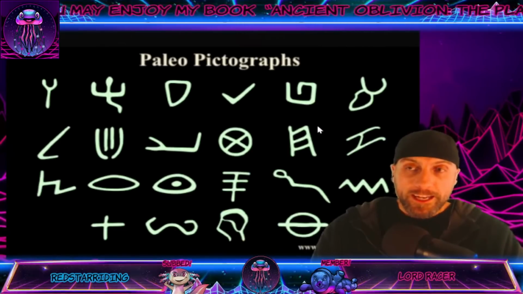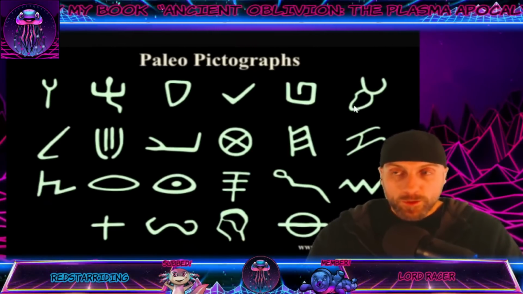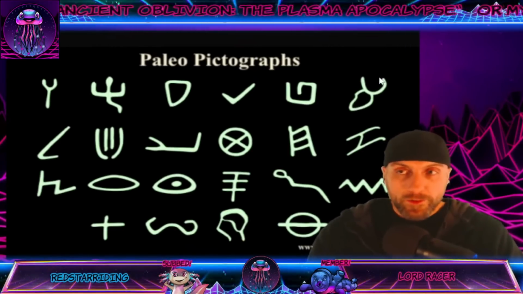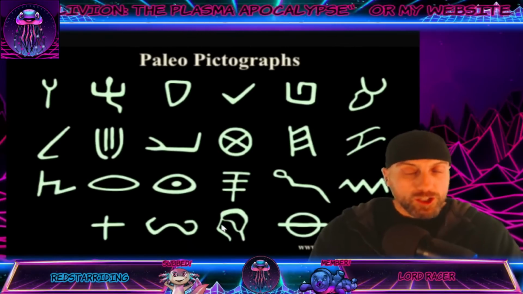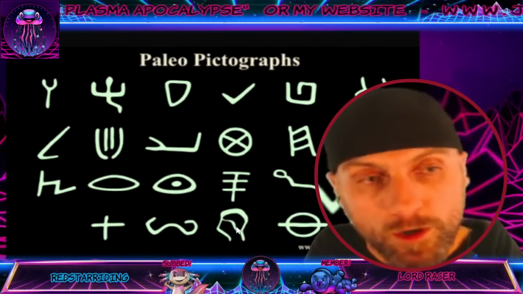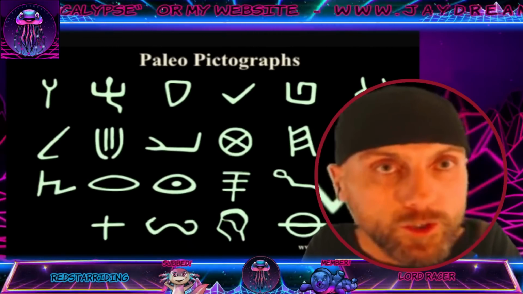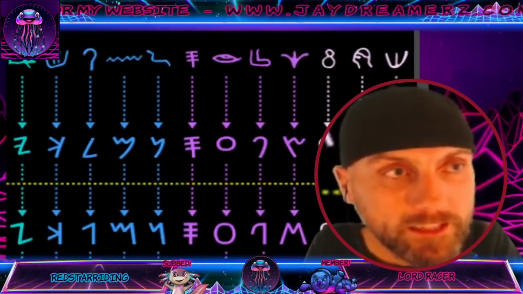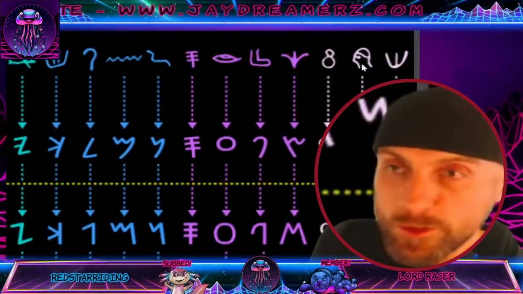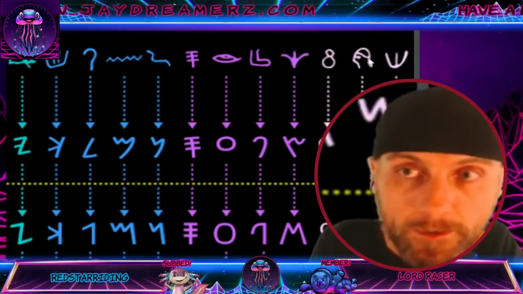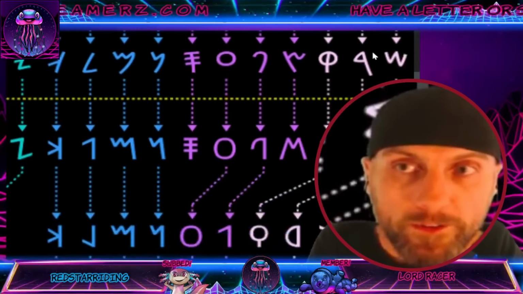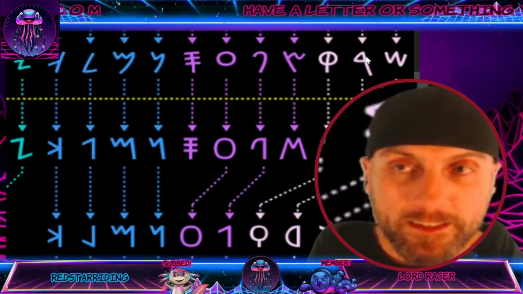Resh and Aleph are the two easiest ones to guess what they are. Aleph looks just like the head of an ox. Resh looks just like the head of a man or a woman, a person, a human, right? So Resh, if we look it up originally, you could see it was a profile of a human's head, right? And then after a while, they just drew the neck and then the top of the head.